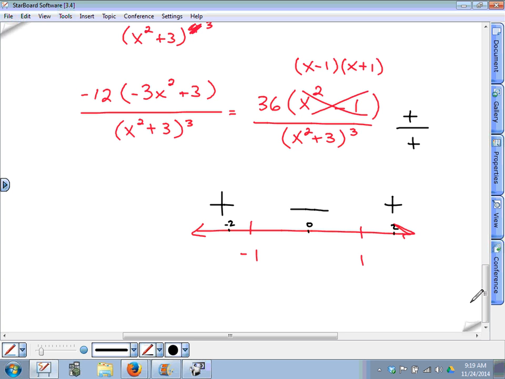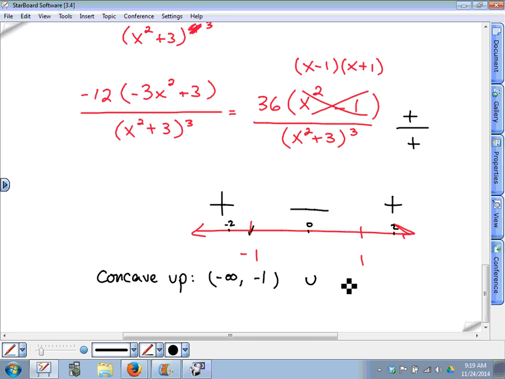So now we have to draw conclusions and determine what this means. This graph is concave up over which intervals? Negative infinity to negative 1, since negative 1 was that critical number there.